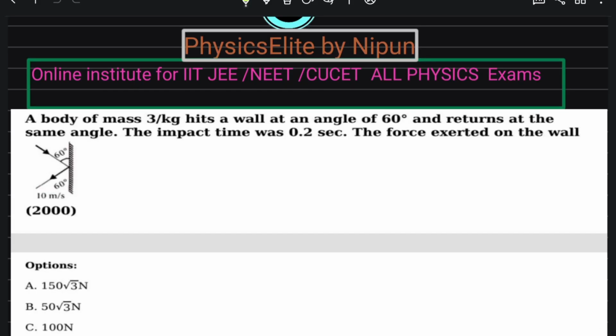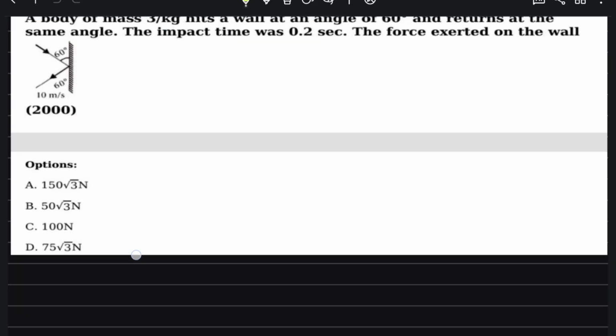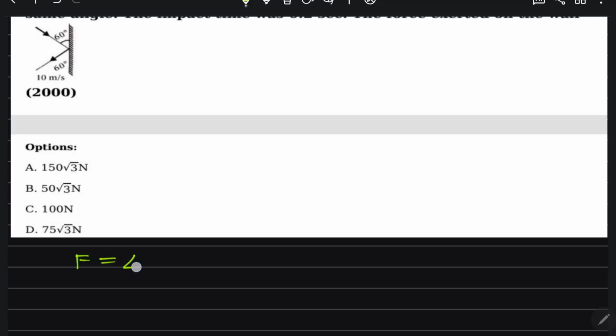A body of mass 3 kg hits a ball at an angle of 60 degree and returns at the same angle. The impact time was 0.2 seconds. A force exerted on the ball is, the force you know, that is force is basically change in momentum divided by time interval.